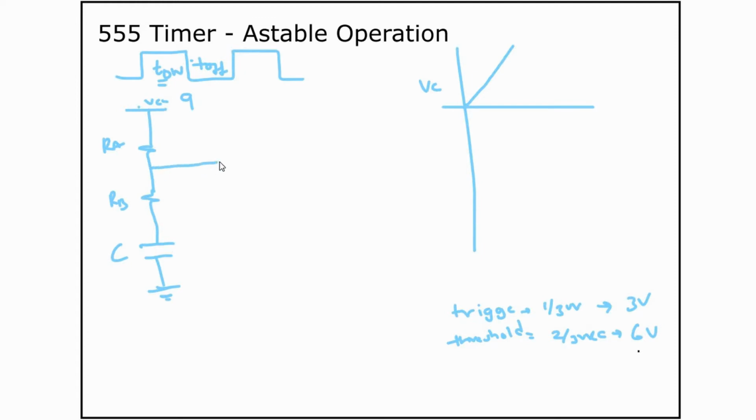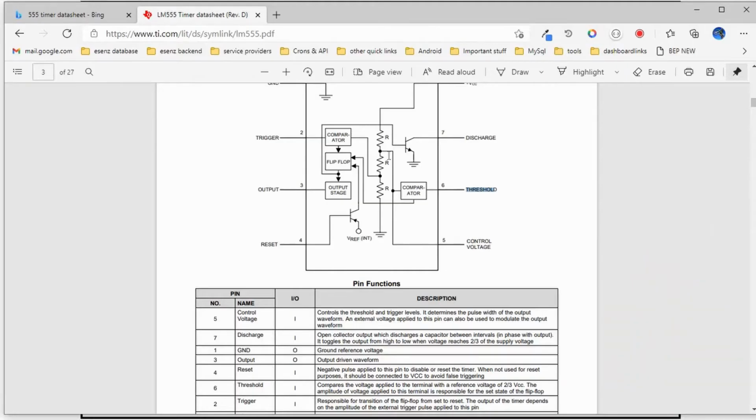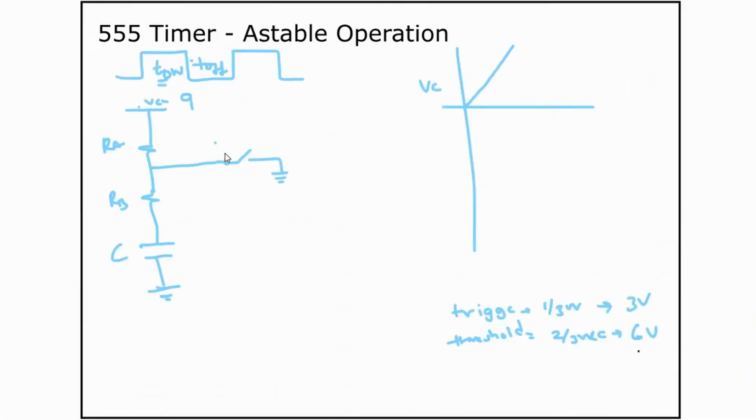Then the other pin is the discharge pin. Let us connect it here. As I told you, there is an internal transistor which will turn on to discharge the capacitor. That pin number is 7, and in an astable operation this capacitor voltage is given to both trigger and threshold.